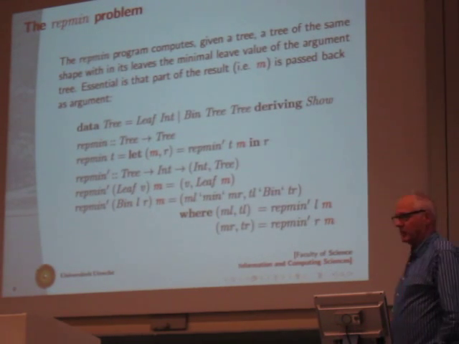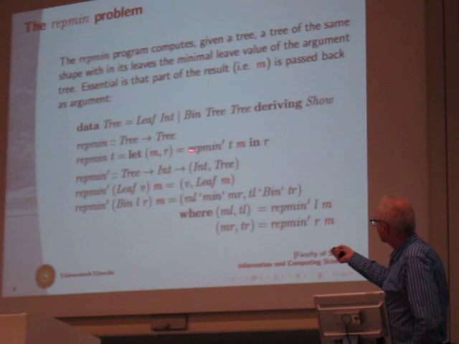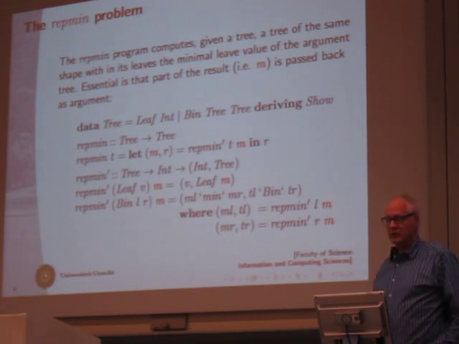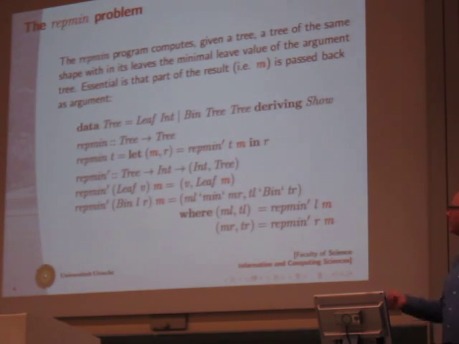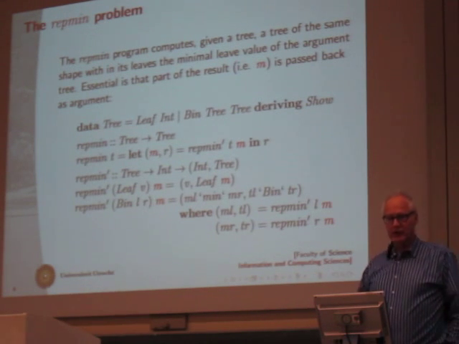And what the RepMin problem is doing, it says, well, I have an auxiliary function, RepMin prime, which walks over the tree and returns two things: the minimal value, and the result I'm interested in, the tree which contains this minimal value. And then I take this minimal value and pass it back to RepMin as the value to be placed in all the leaves.